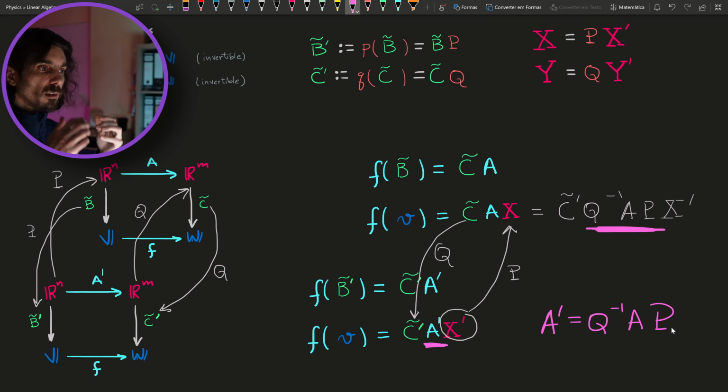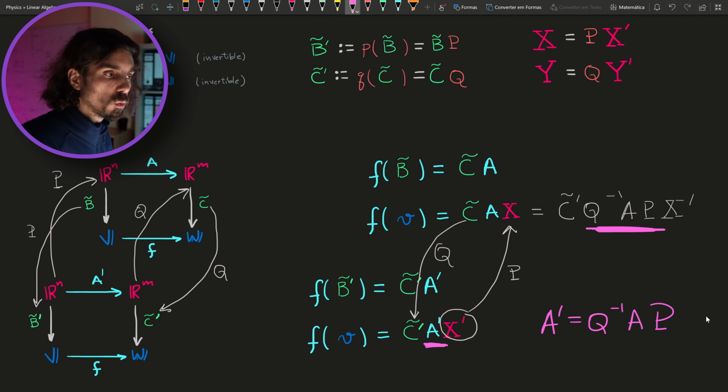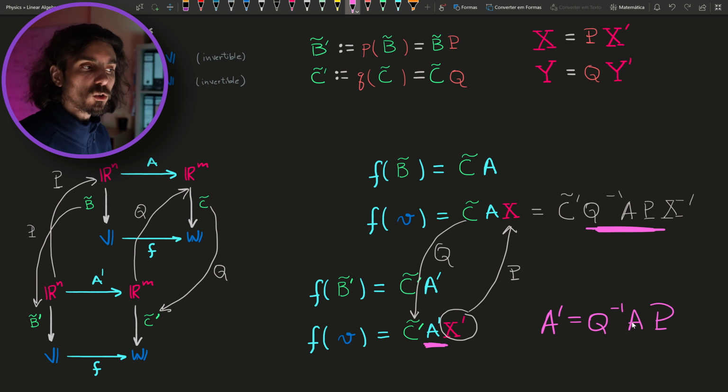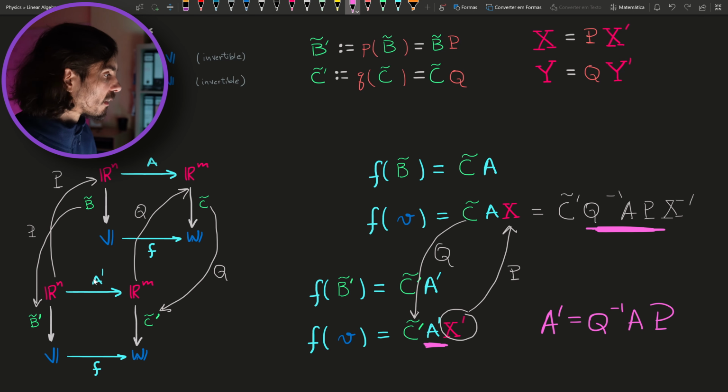This is the connection that allows me to convert between the original matrix representation for our linear function and a new representation. This connection can be seen from the diagram. Look at it. If I have a column vector here, I can convert it to a new vector by multiplication by A. This is one path. Alternatively, I can start with that column vector, multiply it by P, multiply it by A, and then multiply it by Q inverse.